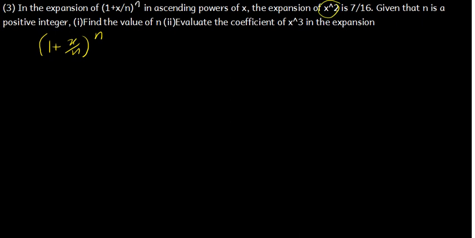Now, what are we going to do here? So the question is, given that n is a positive integer, find the value of n. Well, how do we get the value of n? We've been told that x squared, the number in front of it here, is supposed to be 7 over 16.